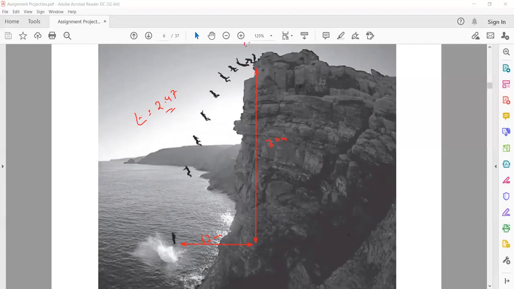At the maximum height, the horizontal velocity will be there, but the vertical will be 0. So there is no vertical, there will be horizontal, but the vertical will be 0. The starting vertical is 0. We need the final vertical, so we need V here. So we can use the equation of motion V equals U plus AT. So V is the final vertical, initial vertical is 0, gravity is 9.8 multiplied by 2.47.